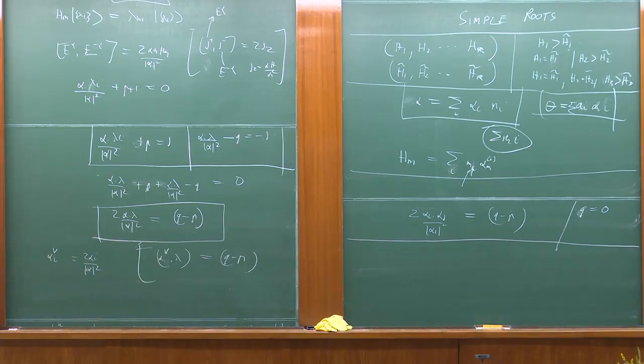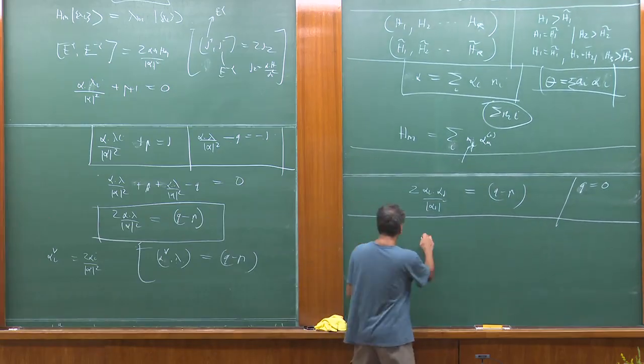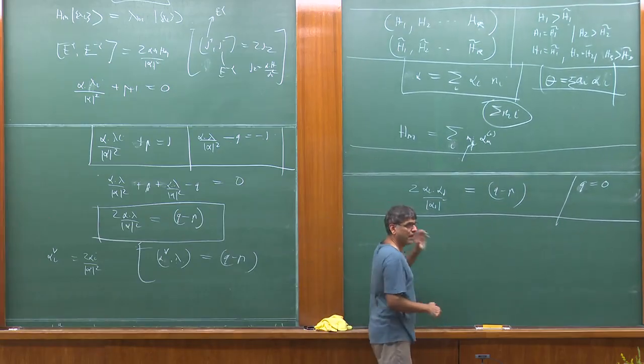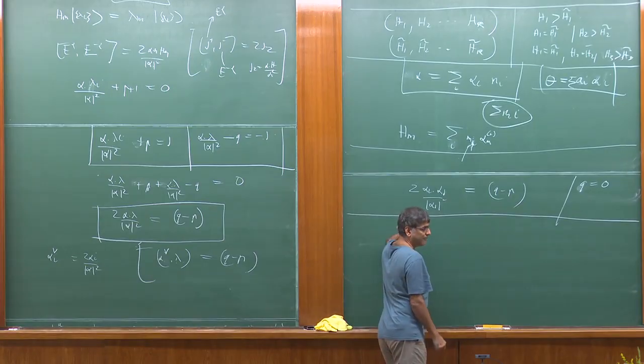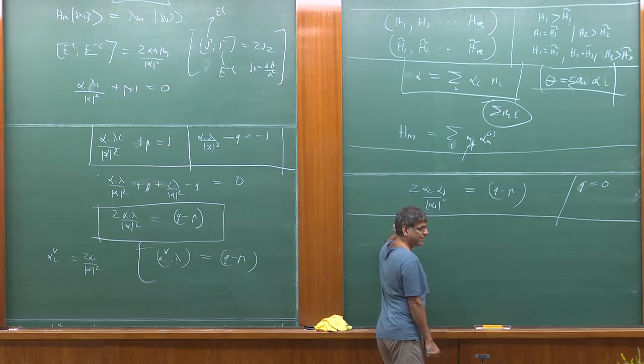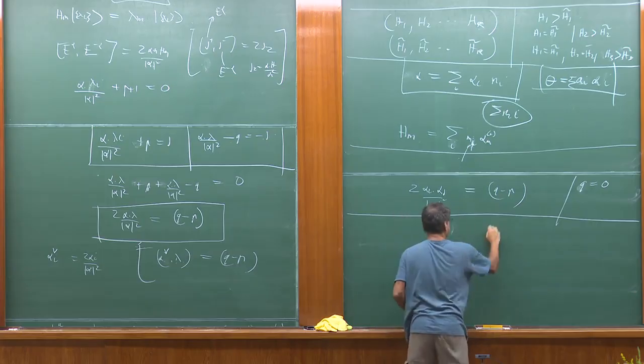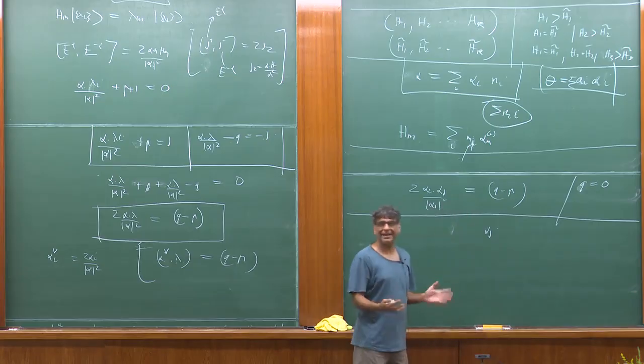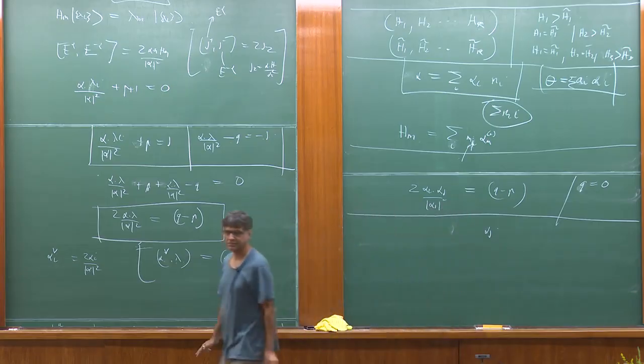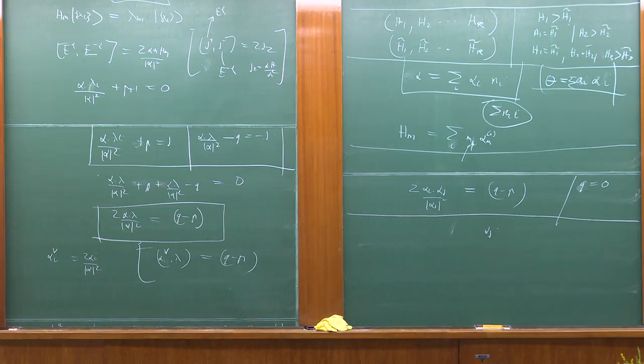Now, suppose I could act on the jth simple root, alpha j, and lower it, and get another positive root.